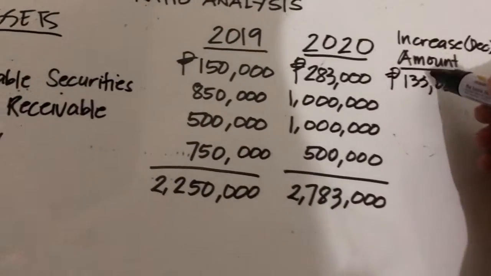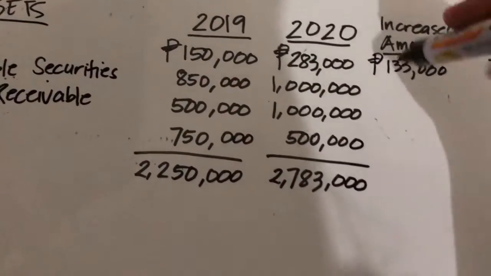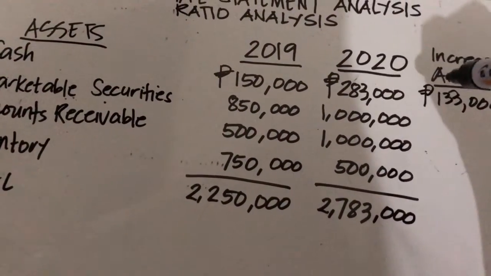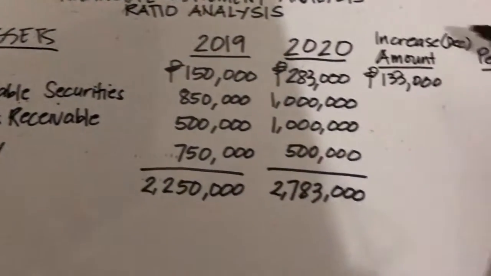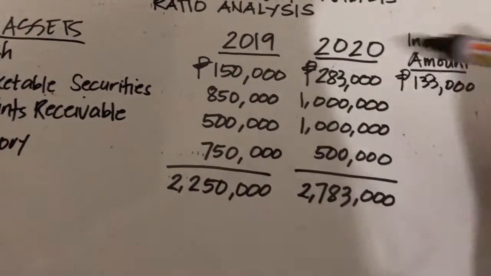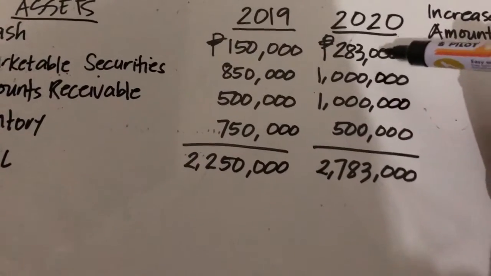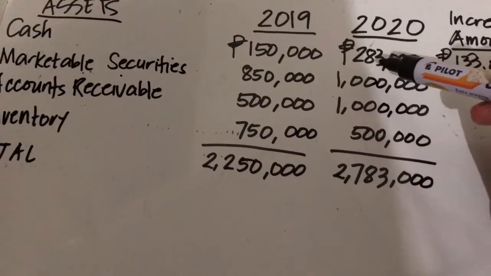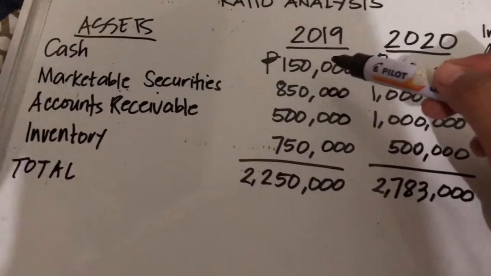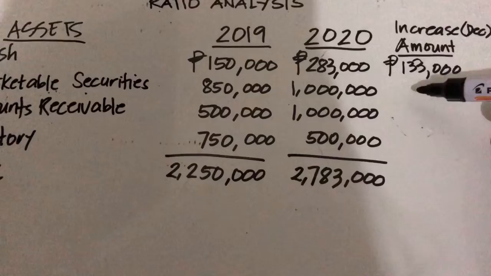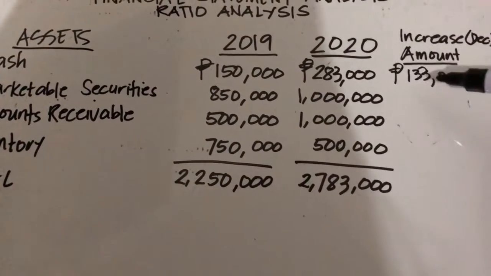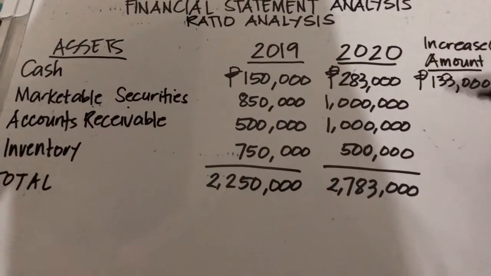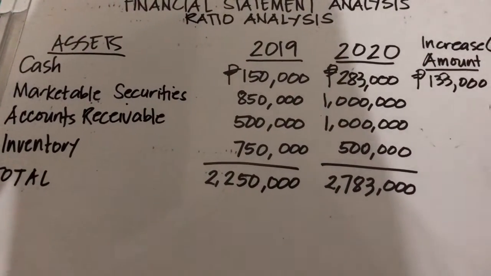So, meaning, may 133,000 difference sa amount sa 2019 tsaka sa 2020. So, mas nag-increase. So, is it a decrease or an increase? So, if you're going to compare, definitely it is an increase kasi 2020 mas higher yung amount sa cash compared sa amount sa 2019. Kailangan nyo lang kunin yung amount dito, yung increase or decrease ng amount ng nasa financial statement, sa two financial statements.